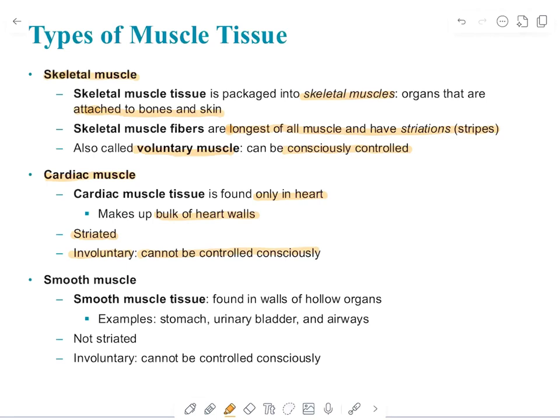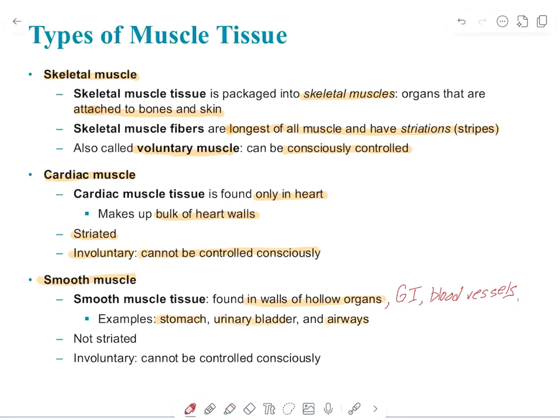The last is smooth muscle, and smooth muscle tissue is found in the walls of hollow organs. It's also found in the gastrointestinal system, as well as the walls of blood vessels. So some examples would be in the wall of the stomach, the urinary bladder, and the airways.